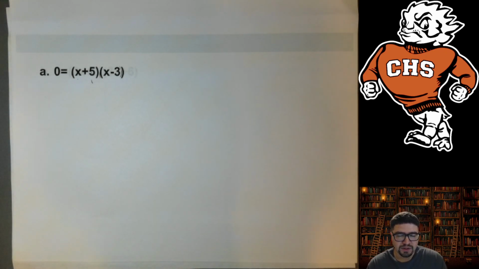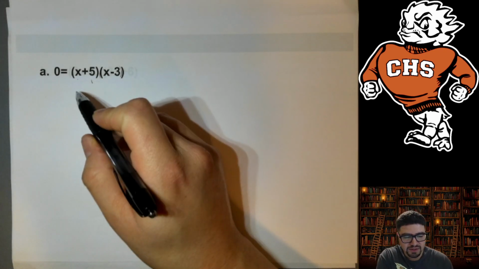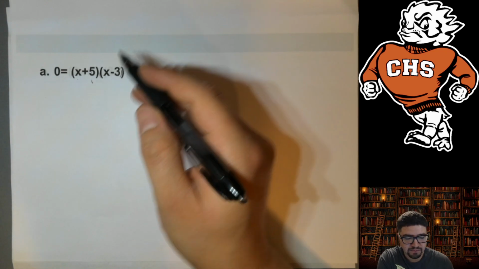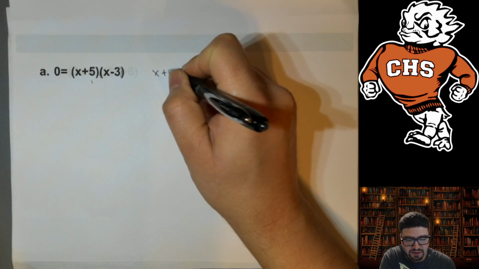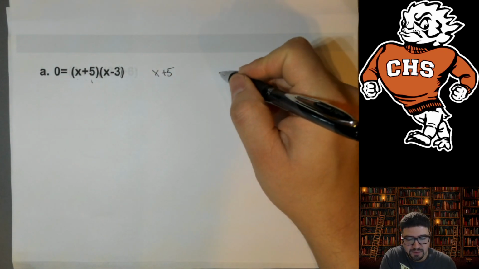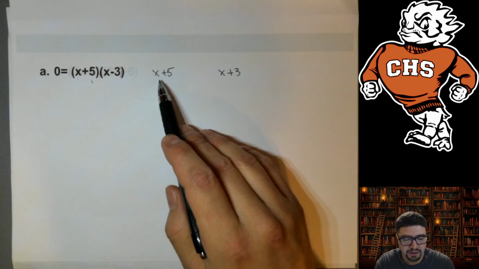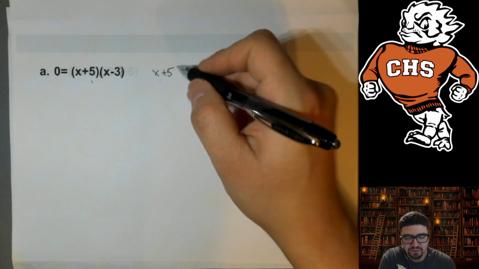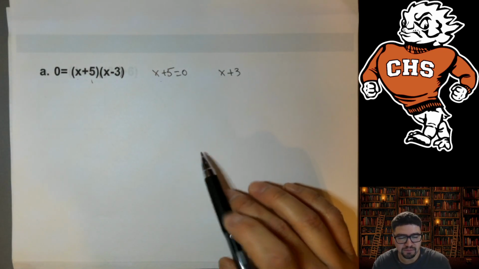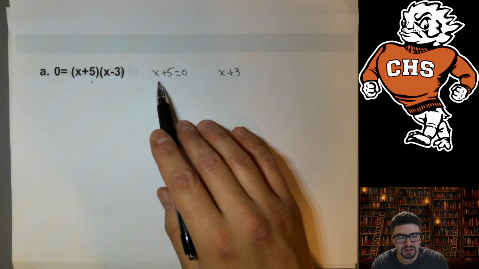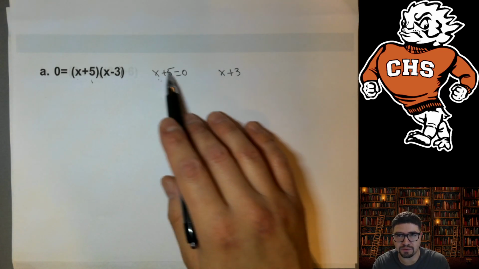So the way that we would use the zero product property to actually figure this out is we would take one number at a time. So let me write x plus 5. And then I'm going to write x minus 3 a little bit further out. I can take one number at a time and set it equal to 0. And let's see, what if this was the number that was 0?